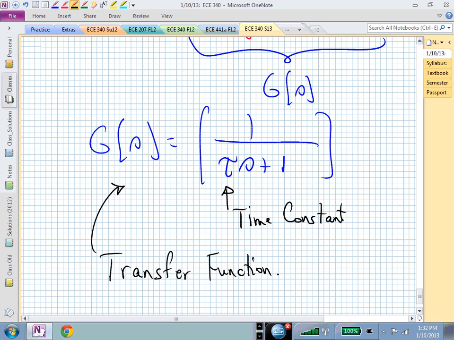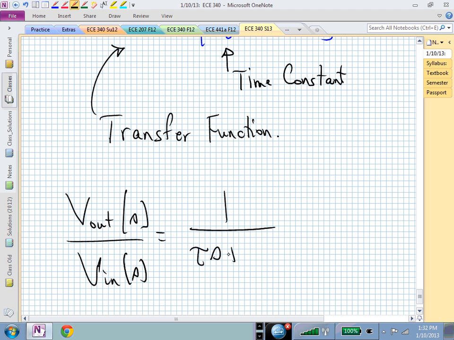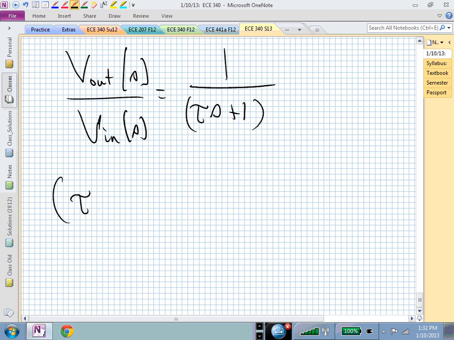If we have this relationship with respect to output signals and input signals, and they're now related by this ratio, why don't we just cross multiply both sides, and we now have tau s plus 1 times V out equaling V in.